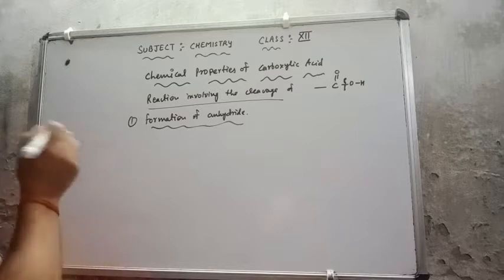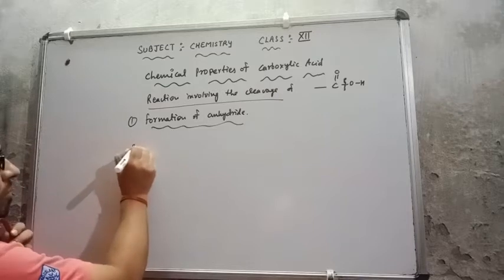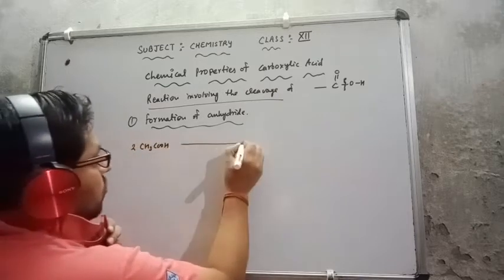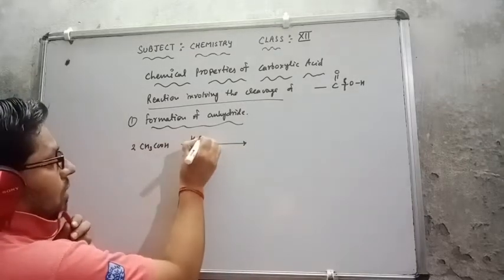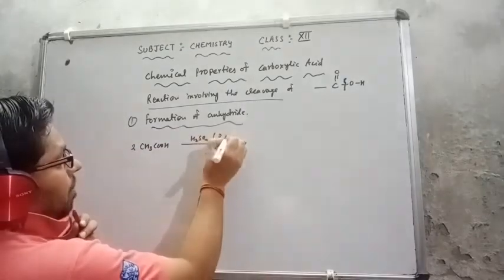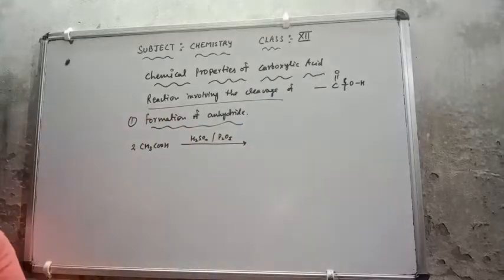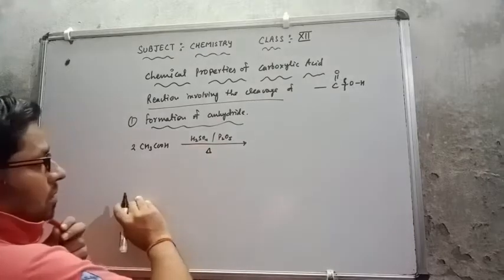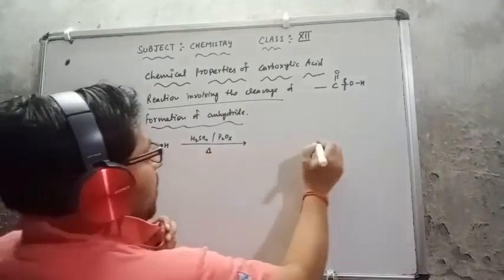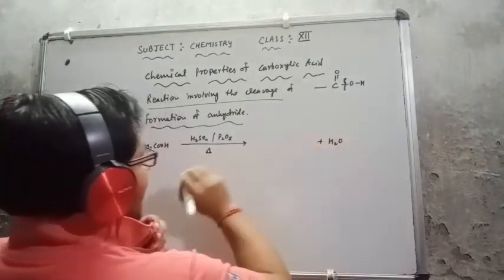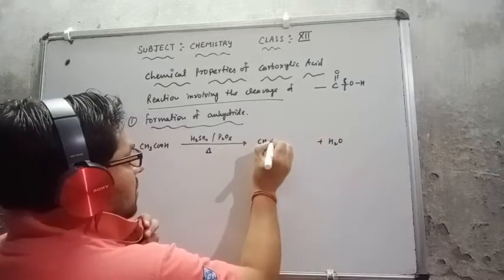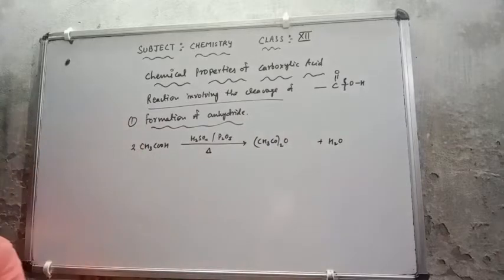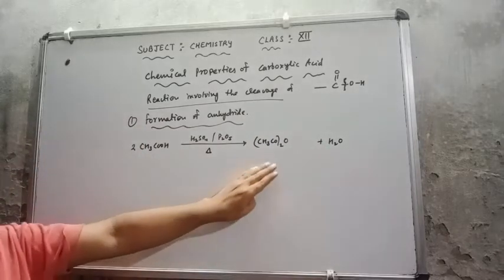The common reaction is very simple: 2CH3COOH, in the presence of H2SO4 or P2O5, and then we have to heat it. One water molecule is eliminated and it gives us (CH3CO)2O. That is the acetic anhydride that we are getting.